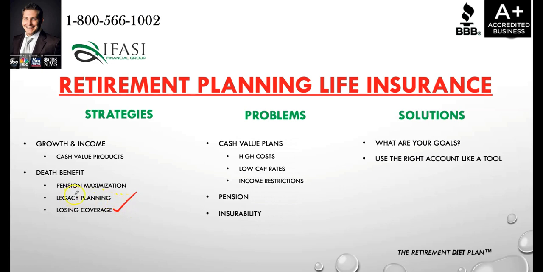Legacy planning can be dissected in a few different ways. You could have it set up with estate planning, so that, God forbid, if you were to pass away, your beneficiaries would receive a tax-free lump sum benefit. That's where individuals are leveraging life insurance, because it uses the law of large numbers.